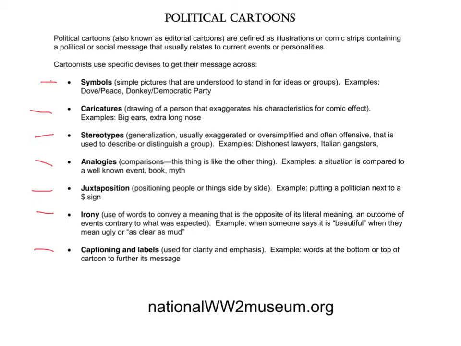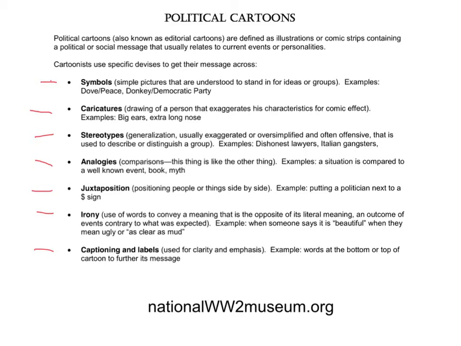So oftentimes, to give you an example of a symbol, they use the donkey for the Democratic Party. We also see elephants used for the Republican Party. Caricatures, they're going to point out different features of a person's body. Sometimes that's used to identify who the character is if it's not clearly labeled. Stereotypes, dishonest lawyers, Italian gangsters are some examples there.